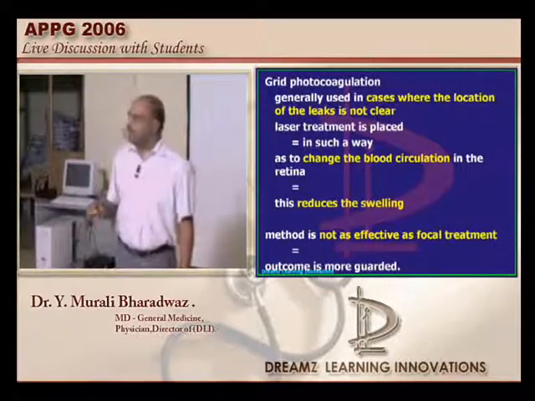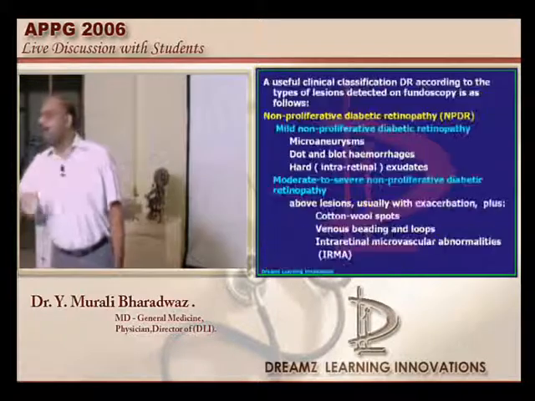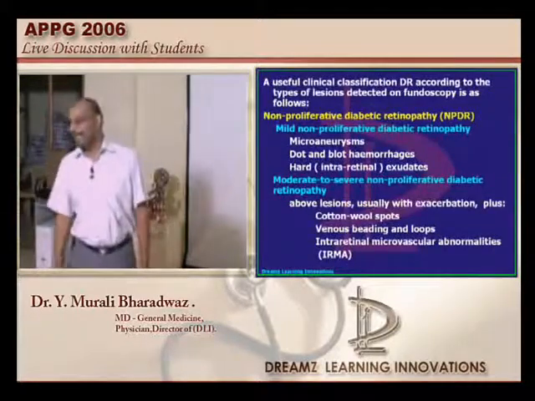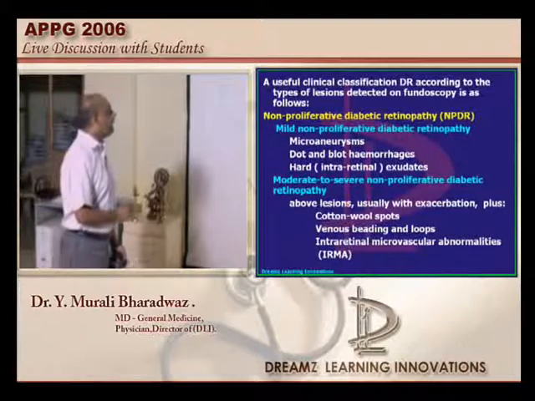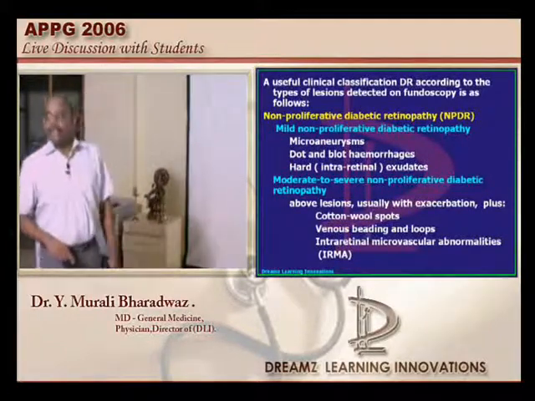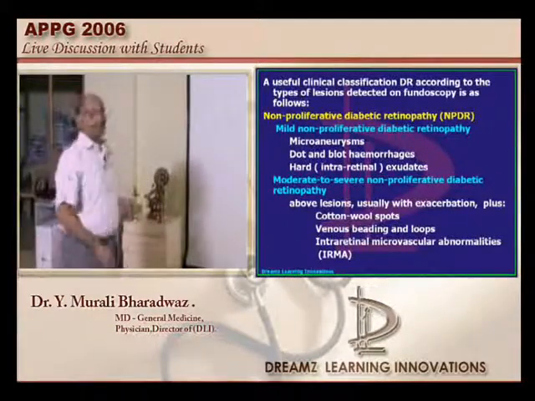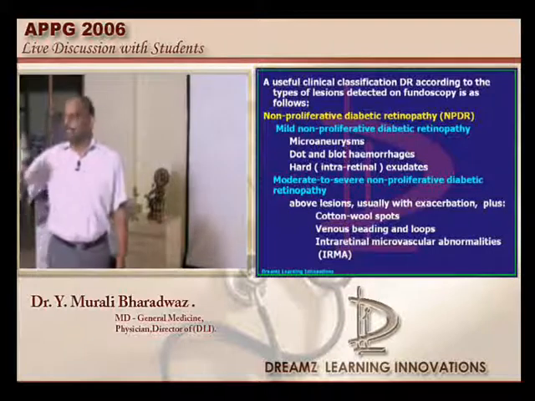Now before we say goodbye to this topic, one of the favorite questions of the examiner: what are the different forms of diabetic retinopathy? You have non-proliferative diabetic retinopathy, proliferative diabetic retinopathy, and maculopathy as the broad division that has been given. In non-proliferative you have mild and moderate to severe, two subdivisions.